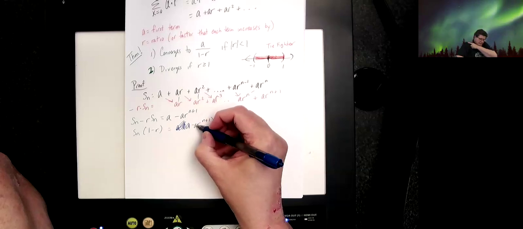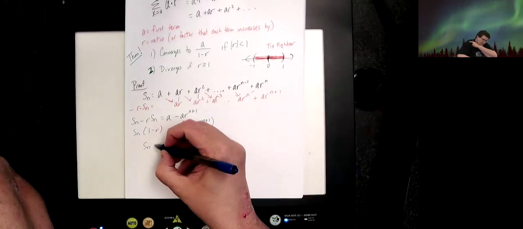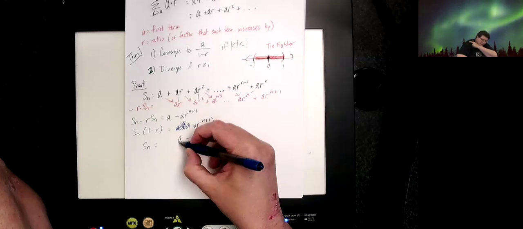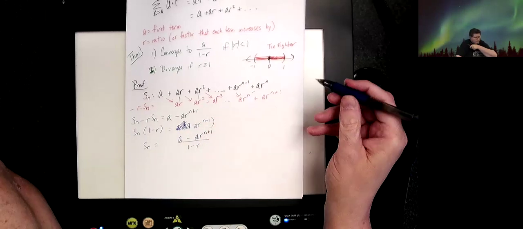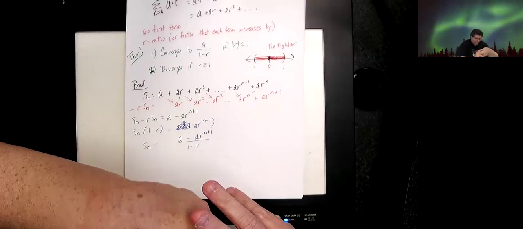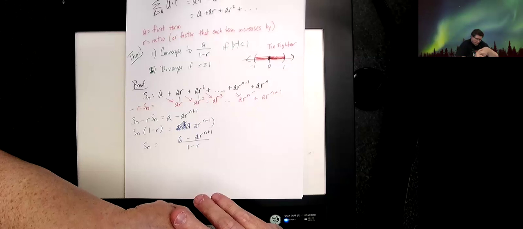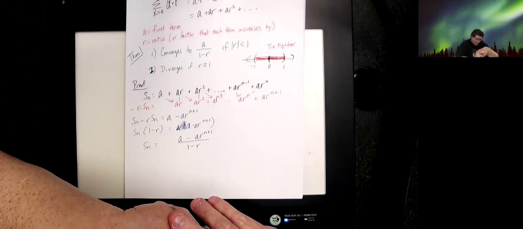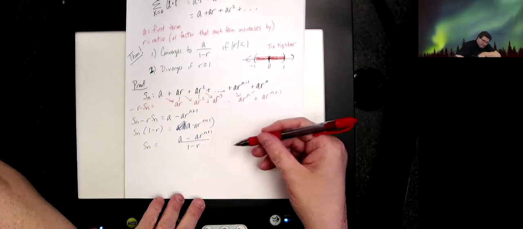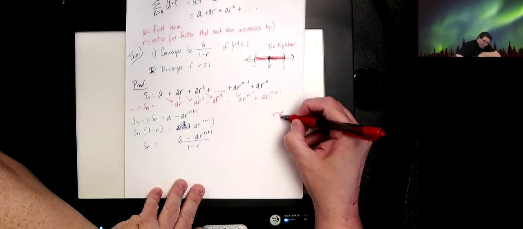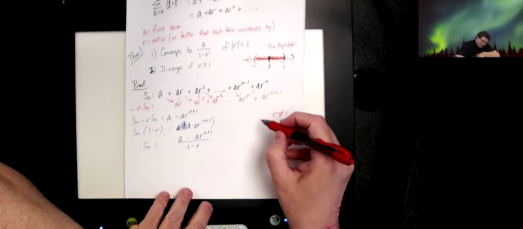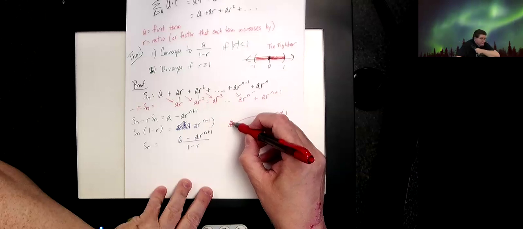I'm going to leave it in. We're going to divide by it. And we got S sub n equals a minus ar to the n plus 1 over 1 minus r. Now, clearly we can see this approach does not work for 1. So we're going to say this is r does not equal 1. For us to use this, that just has to be the case.